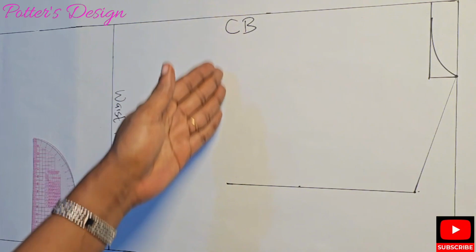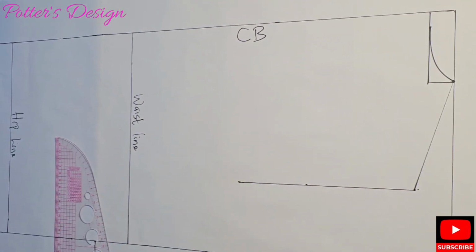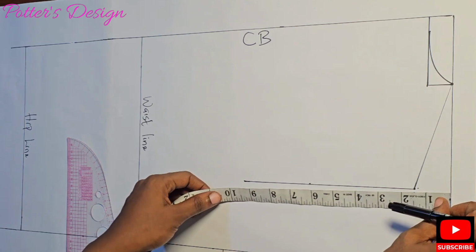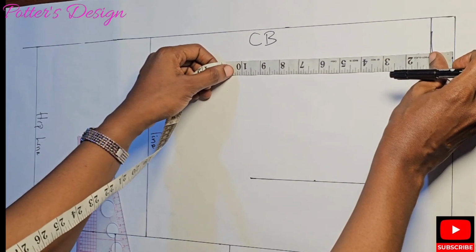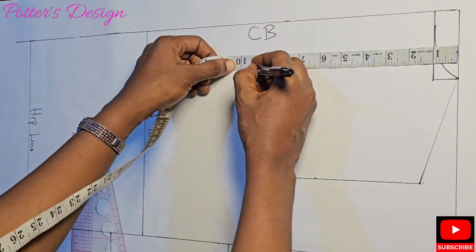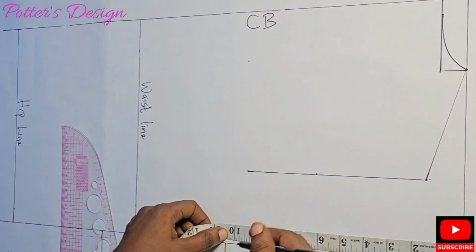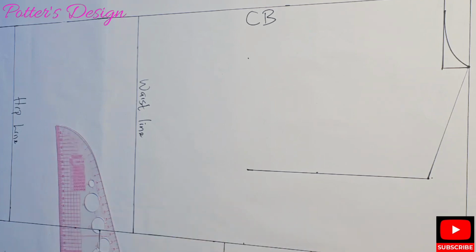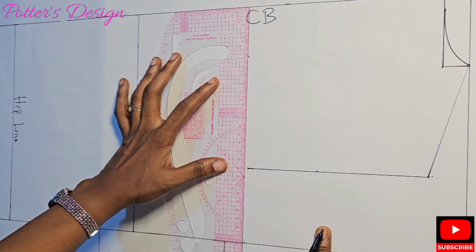So what you do is to take the measurement from the starting point to the armhole depth, and then you measure that across. So what I have here is 9.5. Take the measurement and connect it like so.